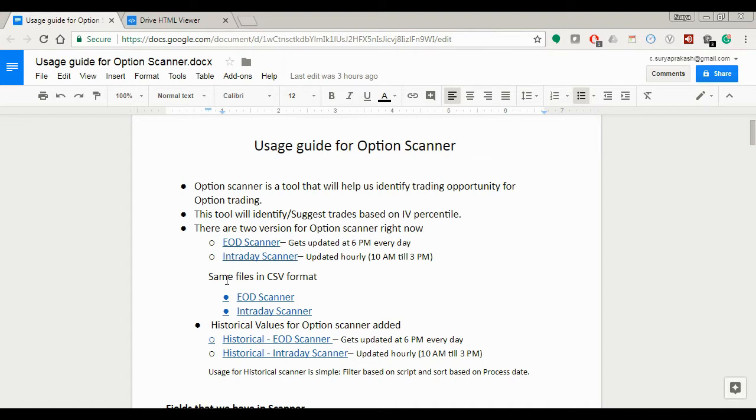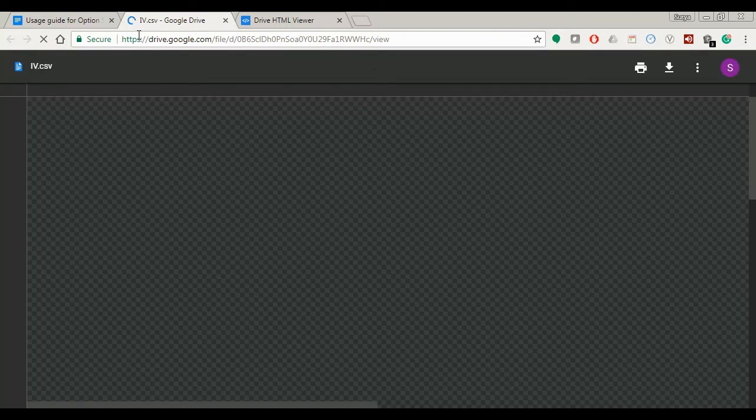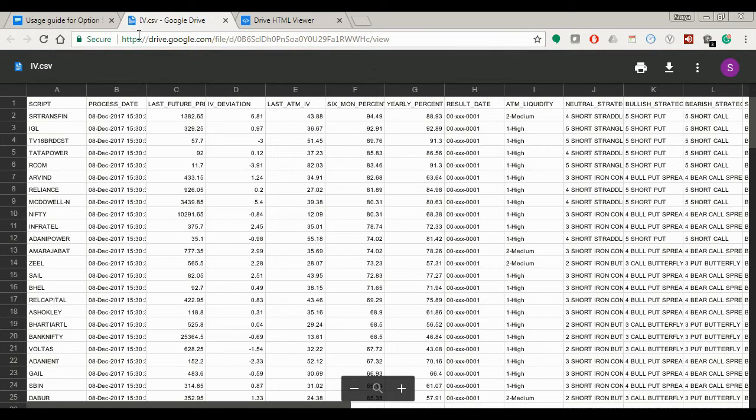See, there is a scanner in CSV format, that is the comma separated format. Whatever we are seeing in the HTML is automatically written to a CSV format, so we can just click that. The same thing applies here. It might ask for permission, so in case it asks, you can just click on that, and once I give the permission for the subsequent access, you can directly try opening it.